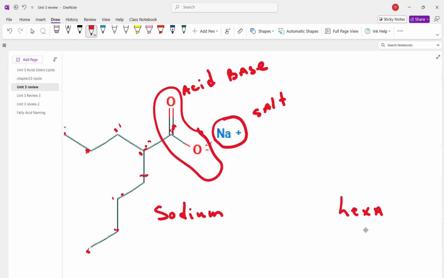If it's a salt, it's going to be a noate, sodium noate. Okay. And we've got a branch at carbon number 2, and that is a 1, 2, 3. So a propyl branch on carbon number 2, hexanoate. So sodium 2-propyl hexanoate.